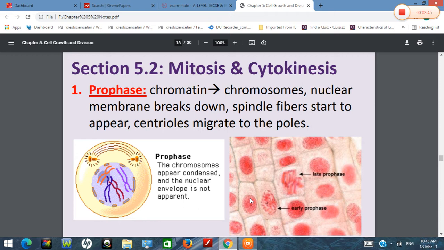Let's start with the first phase, prophase. Pro means first, prophase means first phase. And before talking about the prophase, you must know that the mitosis division is just for the passing of the chromosomes from the old cells to the producing cells or the new cells.